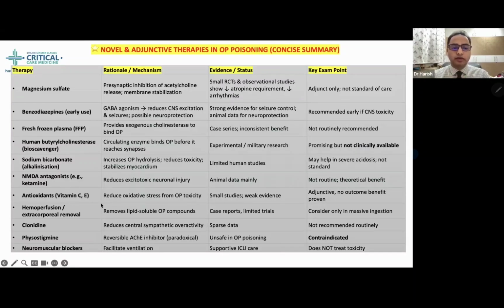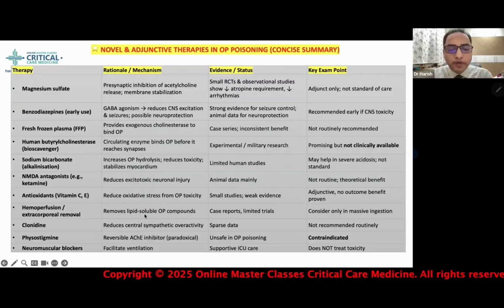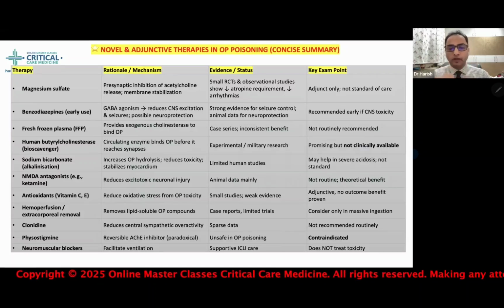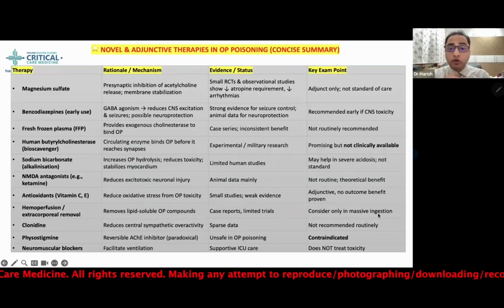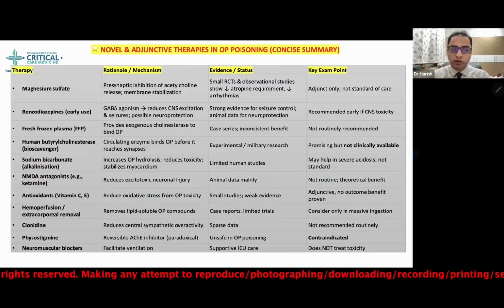Antioxidants like vitamin C and vitamin A reduce the oxidative stress from OP toxicity. Small studies, weak evidence, only adjunctive, no outcome benefit has been proven. Hemoperfusion, extracorporeal removal, removes the lipid soluble OP compounds. Again, only case reports available, limited clinical trials; consider only in massive ingestion of lipid soluble OP compound, otherwise not as a routine.